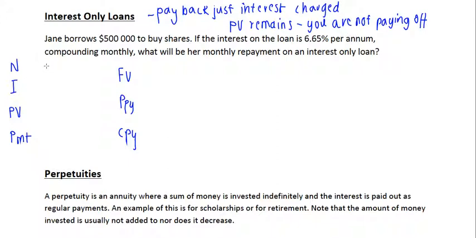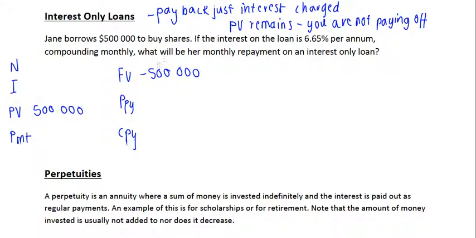Okay, so let's work out for this one what we're dealing with. With interest-only loans, what you'll notice is if she borrows $500,000, that would be our PV. But because she's not paying any of it back, she's only paying for the interest, future value will actually be negative $500,000 because that's what she owes the bank.